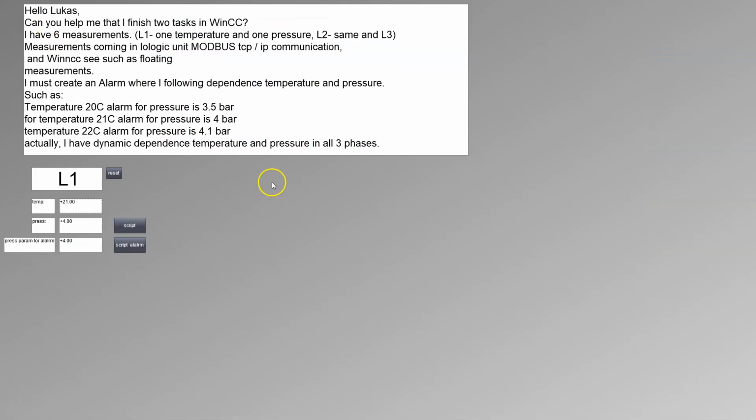Let's create. Okay, so the pressure, right now, if my pressure is greater than 4, I should have the alarm. The pressure parameter is 4, and now my pressure, let's raise to 5, and let's try if we have the script alarming.